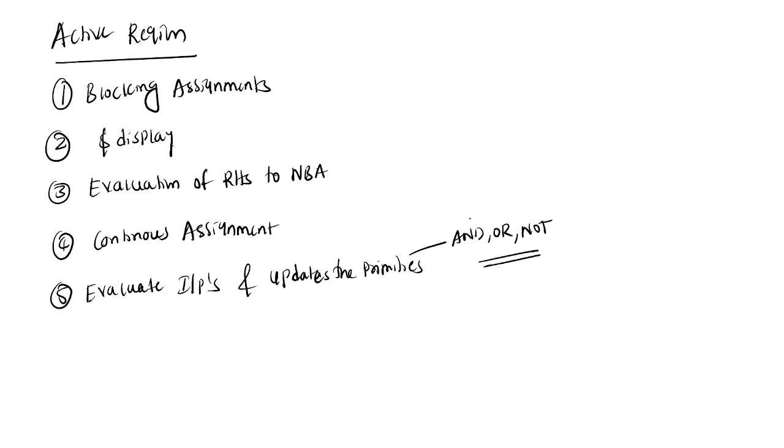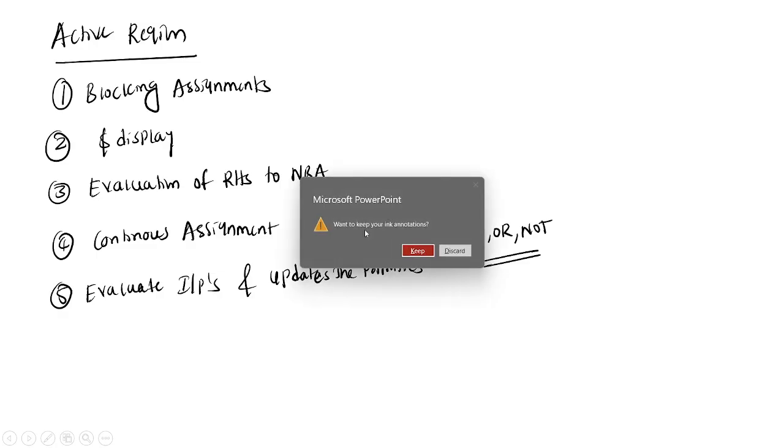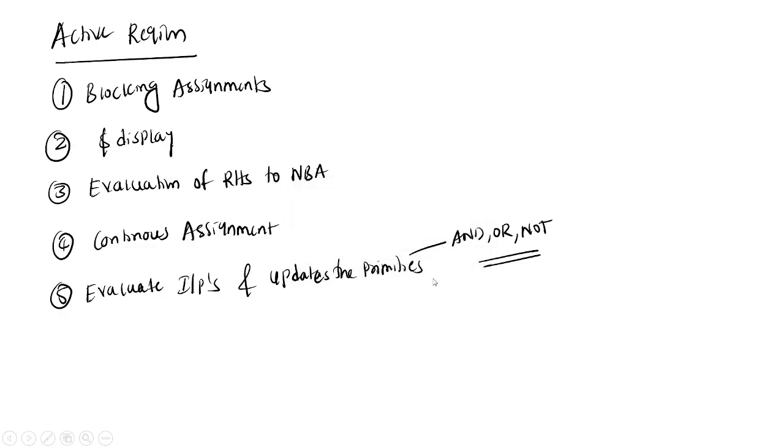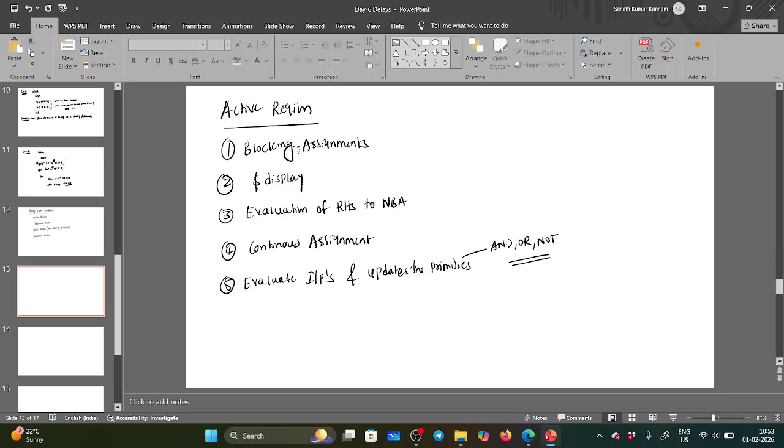So just we'll see one program. The NBA evaluation will not be executed here; this will evaluate the RHS of NBA and continuous assignment statements, evaluate the inputs and update the primitives.